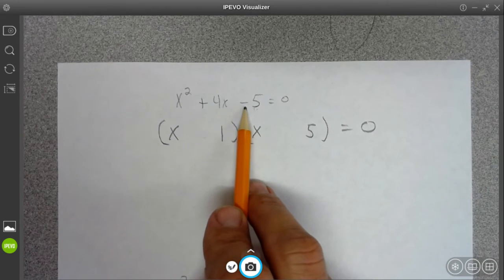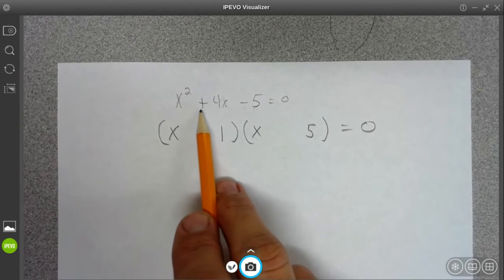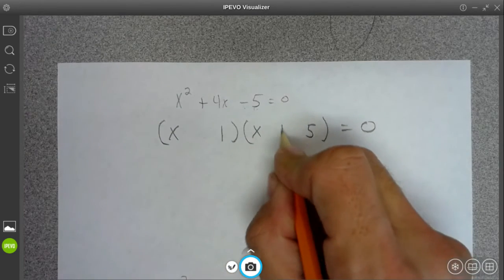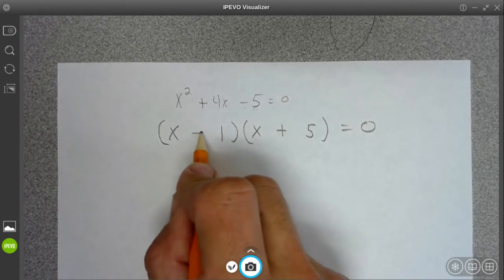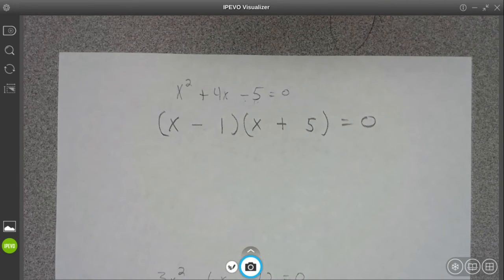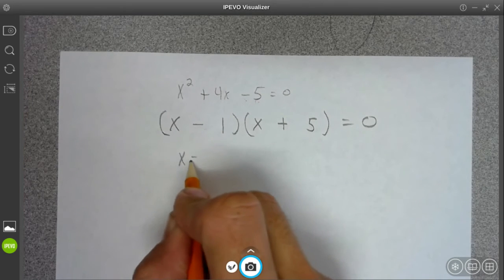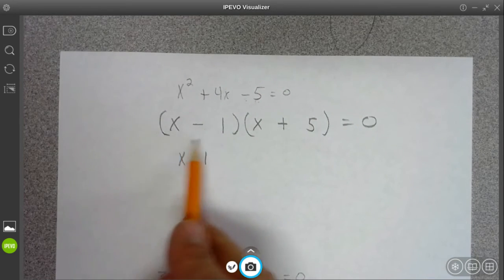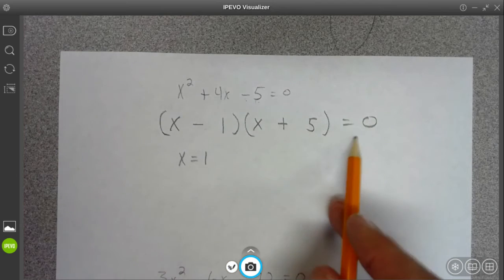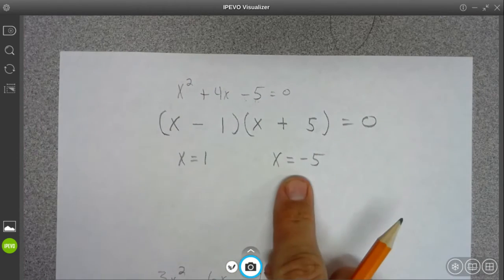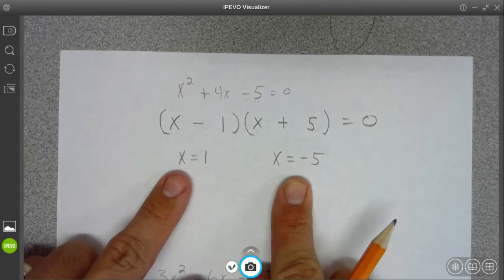It's different signs, and the bigger number has to be positive. So the 5 has to be positive, and the 1 has to be negative. For your answers, x could equal 1, that way this would equal 0, and so the whole thing is 0. Or x could equal negative 5. You get two possible answers. Okay?